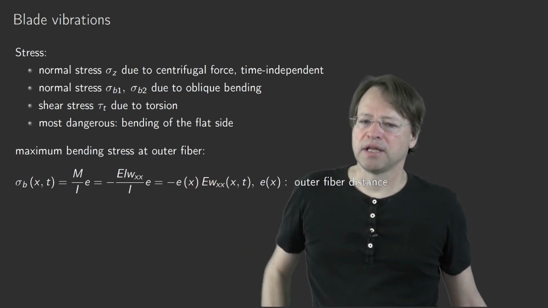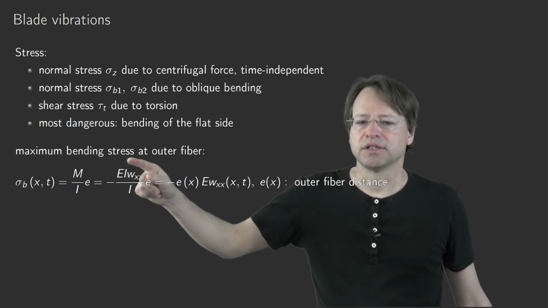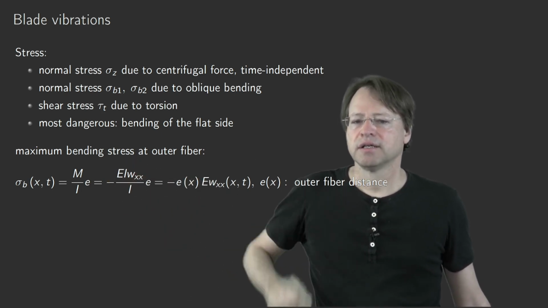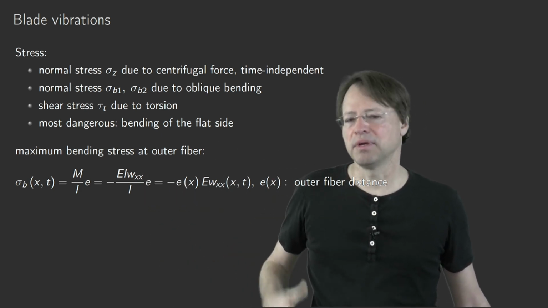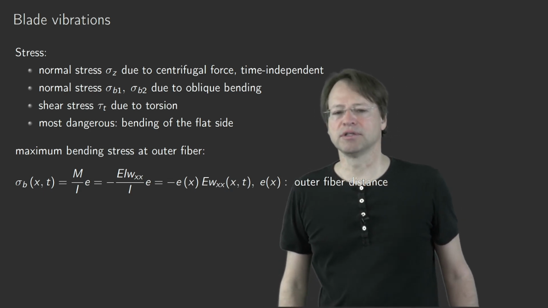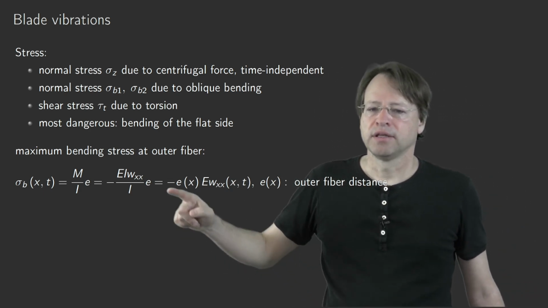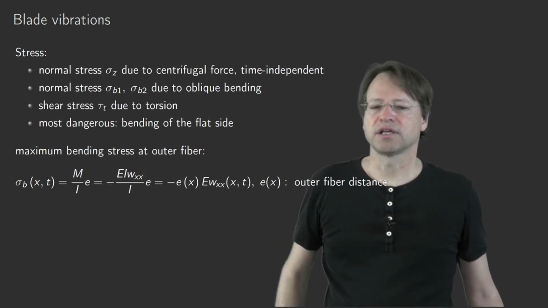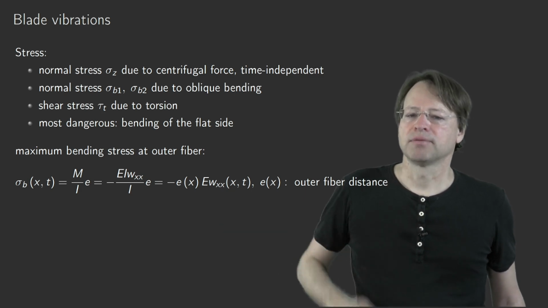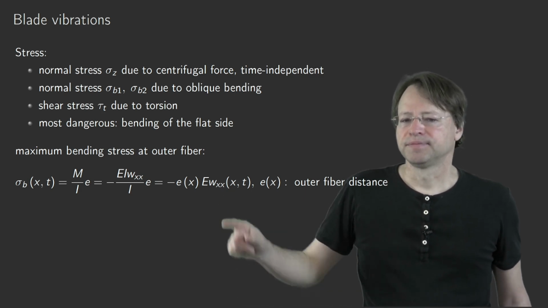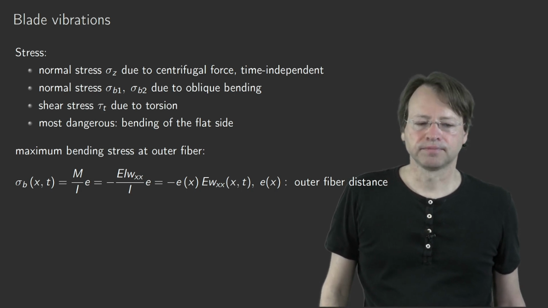For the bending torque, you can insert the bending stiffness, E times I, multiplied with the second derivative of what is called the bending line or the bending deflection, w, and you have then minus e. You see that the two I's, the second moment of area, cancel here. You have Young's modulus multiplied by the second derivative of the displacements with respect to x.